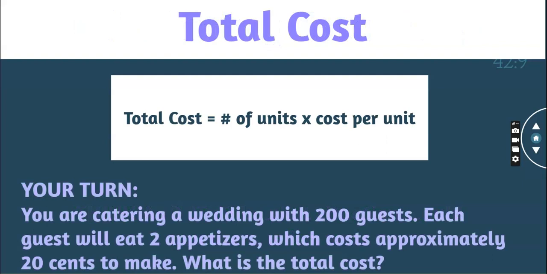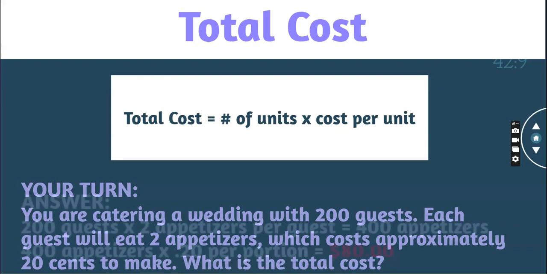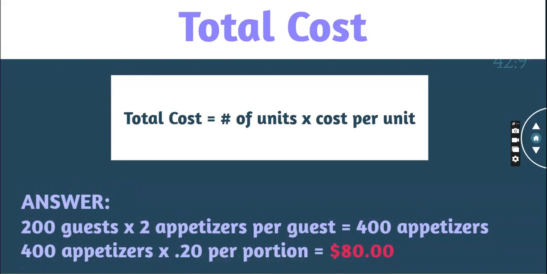So let's apply it. You are catering a wedding with 200 guests. Each guest will eat approximately 2 appetizers, and they cost about 20 cents to make. What is your total cost? So think of how you're going to take these numbers and set it up in our formula. And here is our answer.